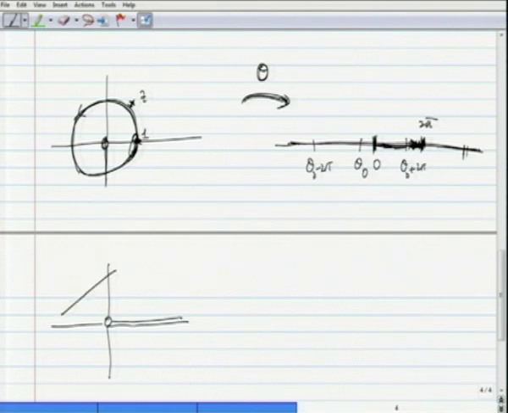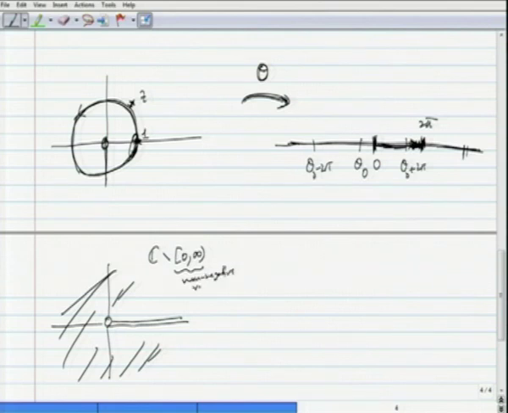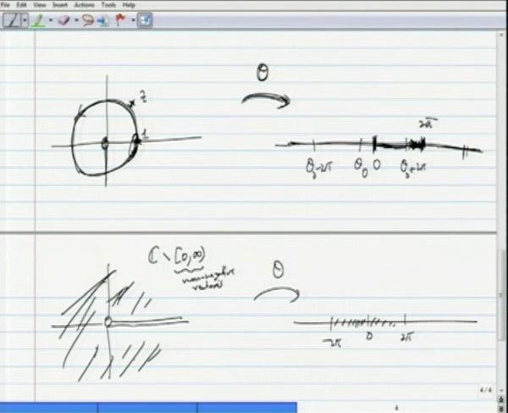If we consider this particular domain, C minus 0 infinity, where this stands for the non-negative real axis, then this multifunction theta takes C minus 0 infinity to pieces of intervals between integer multiples of 2 pi.